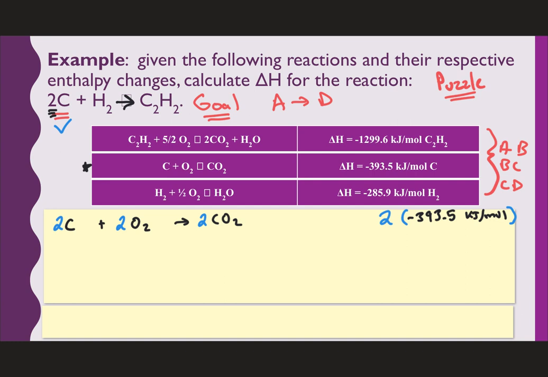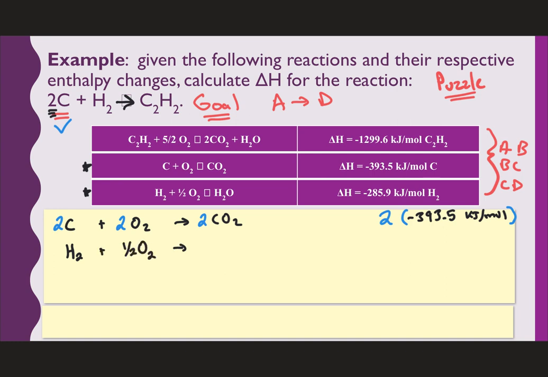Let's look at the hydrogens. Well, right now, my goal reaction has hydrogen on the left side, and the reaction down here has hydrogen on the left side. So I'm going to go ahead and copy that down. H2 plus 1/2 O2.